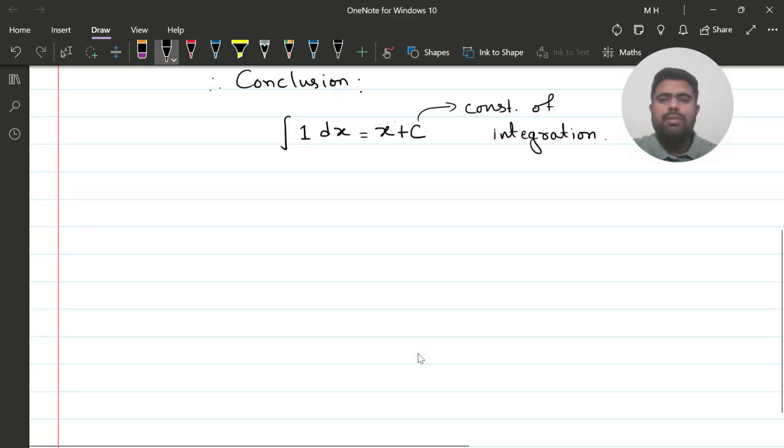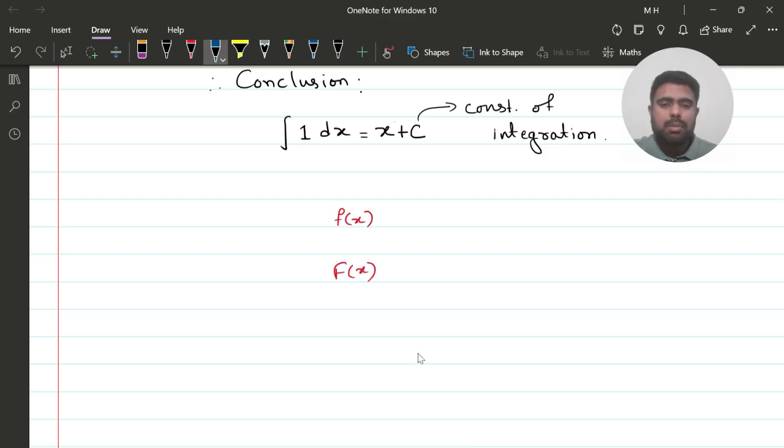Now when we look at what we just did, we have two functions, small f of x and capital F of x. If I differentiate capital F of x, I get small f of x. If I integrate small f of x, I get capital F of x plus c. So if differentiation gives this, integration gives this.